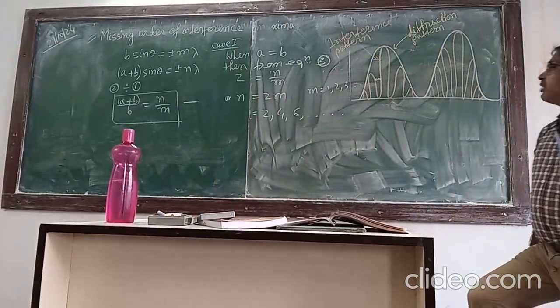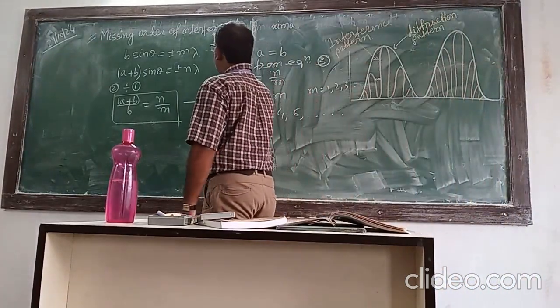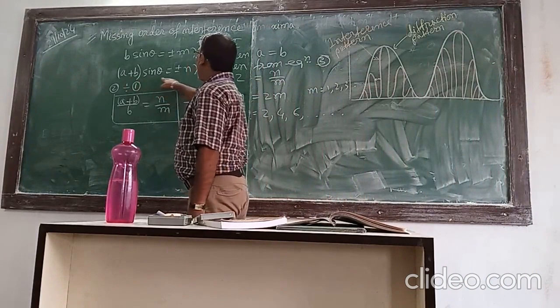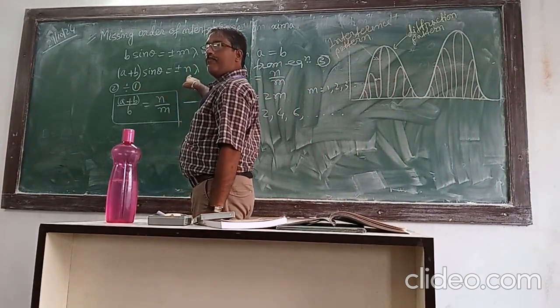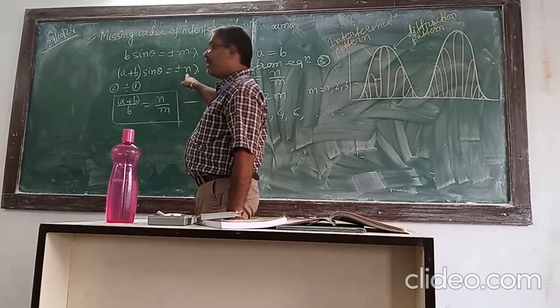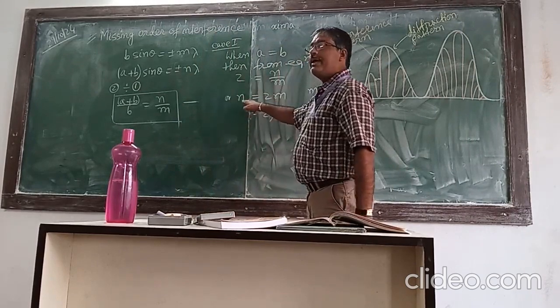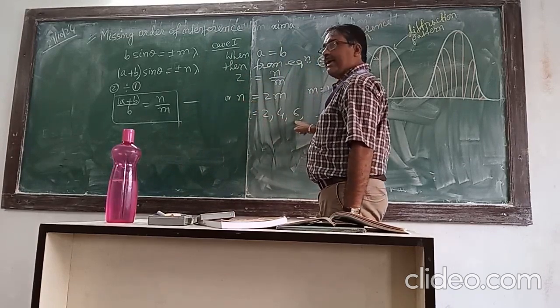What is N? N is the order of the interference maxima. From here you can see that when A equals B, then N equals 2, 4, 6.